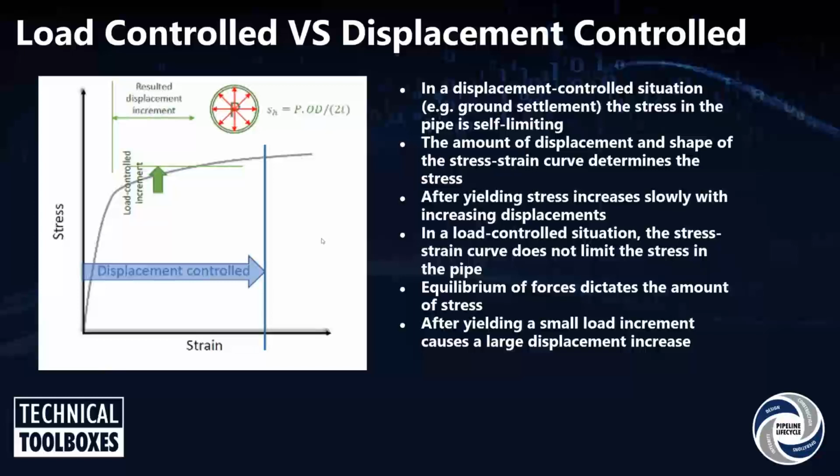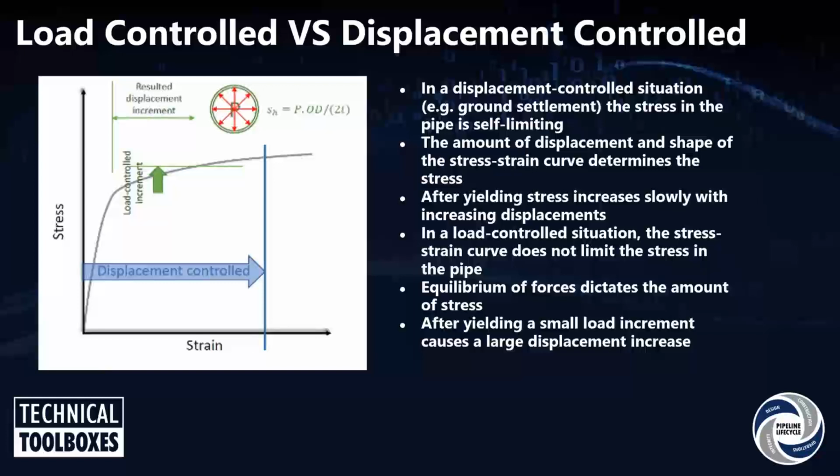And this picture basically shows why, when the mode of loading is displacement controlled, yielding does not necessarily lead to a quick rupture, versus when the mode is load controlled. An example of load control would be internal pressure.